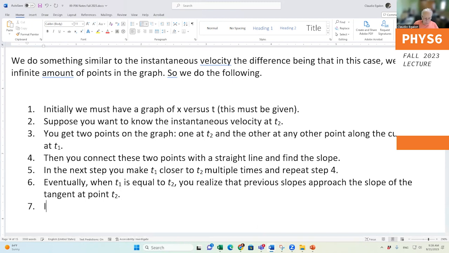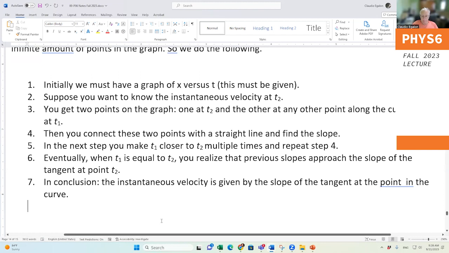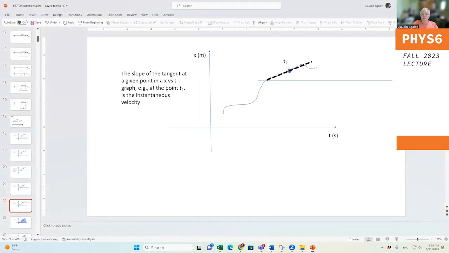Okay, so in conclusion, the instantaneous velocity is given by the slope of the tangent at the point in the curve. Okay. You want to know the instantaneous velocity at this point here? You take the slope there at this point. You want to know the instantaneous velocity at this point here?